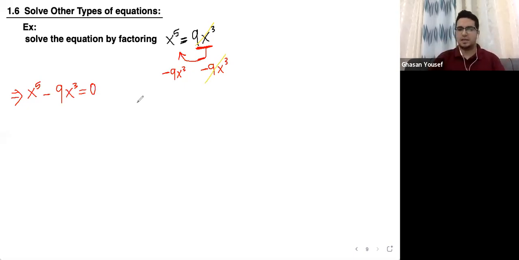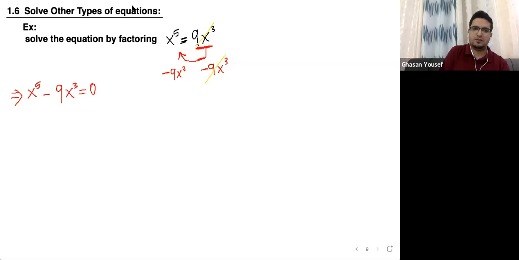Now, what's the second step, Matthew? Yes, Layla, factor out. We have to factor out the common factor between this term and this term. The common factor is x to the power 3. This is correct.